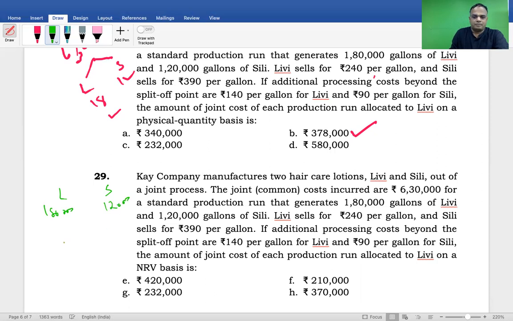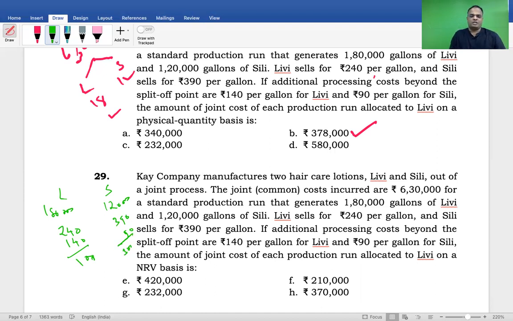Selling price: Livy 240, Silly 390. Less cost: for Livy we subtract 140, and for Silly we subtract 90, only 90, not 190. Therefore NRV comes to 100 and 300. Yes, sir. So we apportion in the ratio of 1:3.